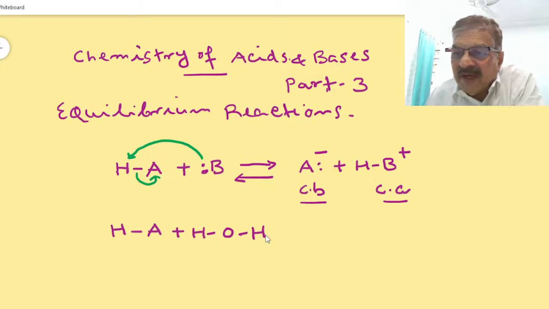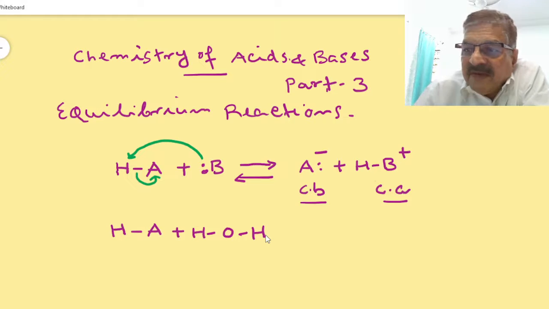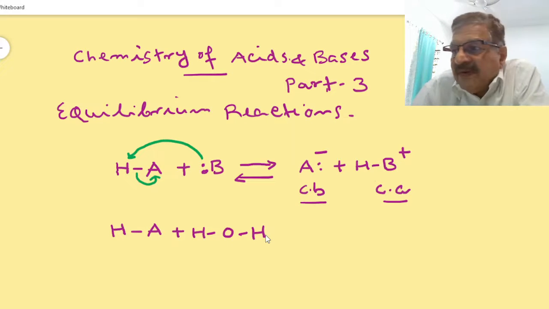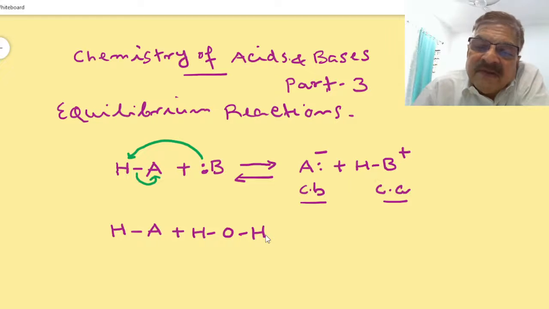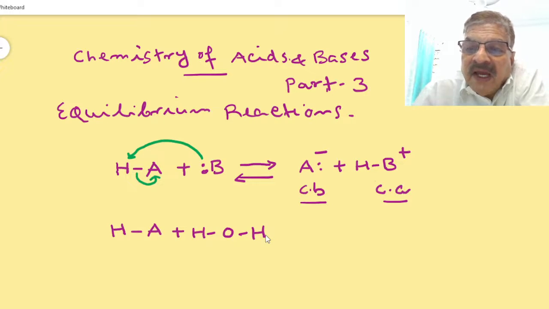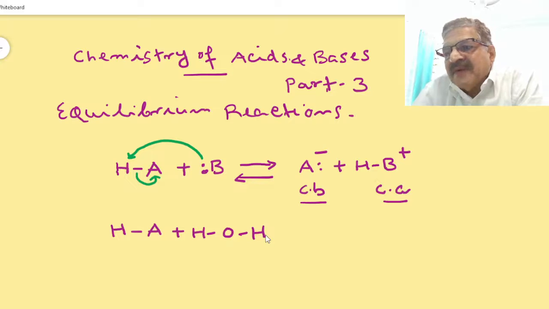What is meant by acidity? Acidity means acid strength, the measure of the ease with which an acid can donate a proton. The more readily a compound donates a proton, the stronger the acid. That is the concept here.